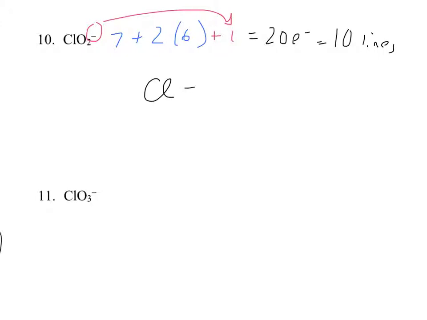Chlorine in the middle, oxygen on each side. We've used up 2 lines, so we'll fill in with unshared pairs 3, 4, 5, 6, 7, 8, 9, 10. Let's not forget to put it in square brackets and show our charge.